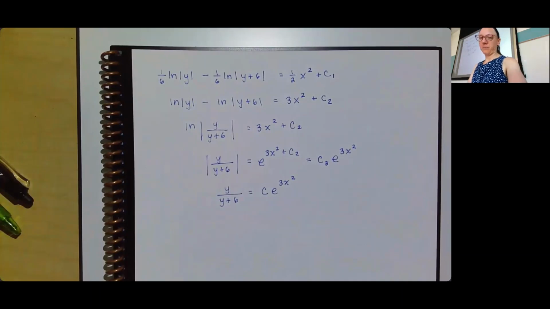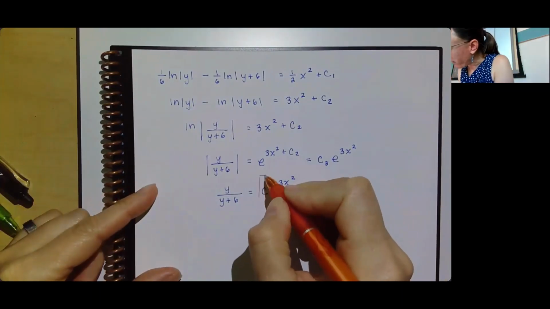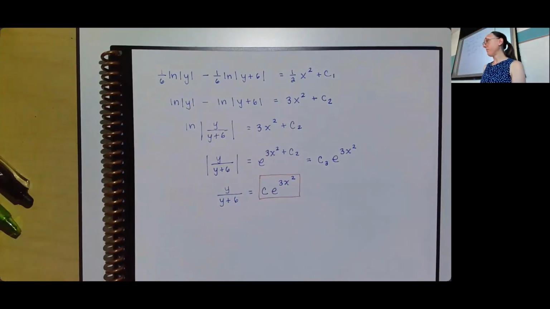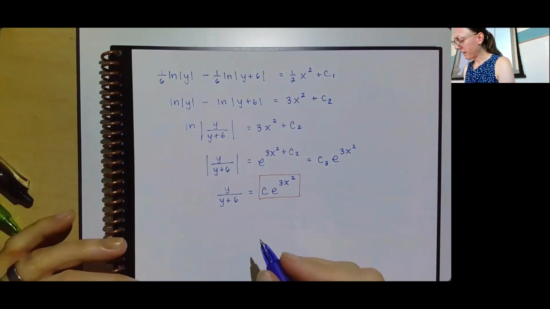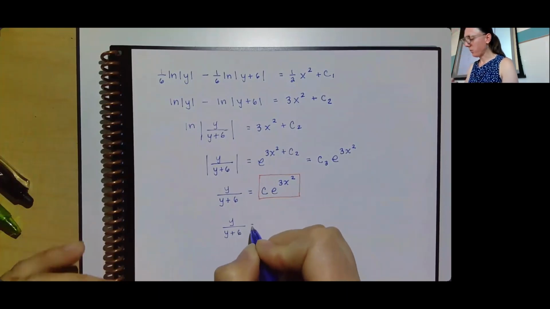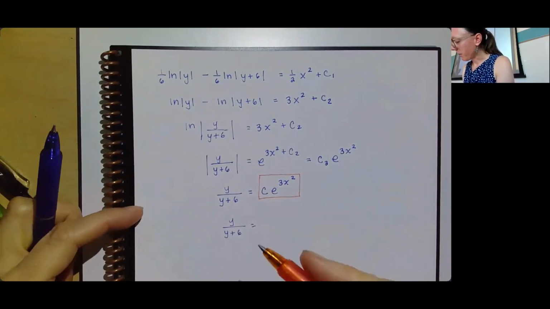I'm going to stick this whole thing in a box for myself for a second. So if I stick that whole thing in a box, then this looks like y over y plus 6 equals my box.